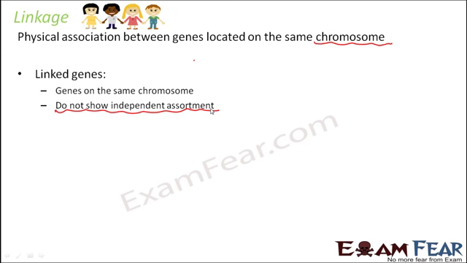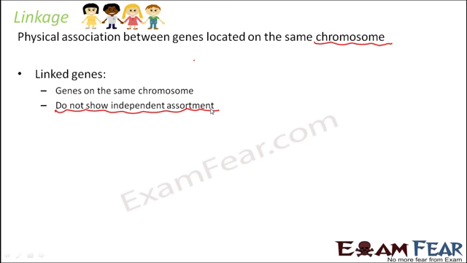One was the shape of the seed and the other was the color of the seed. And he said that the gametes, that is capital R, small r, segregate independently of how capital Y, small y segregate, because the shape of the seed and the color of the seed are independent of each other. So those two genes are basically independent of each other, right?